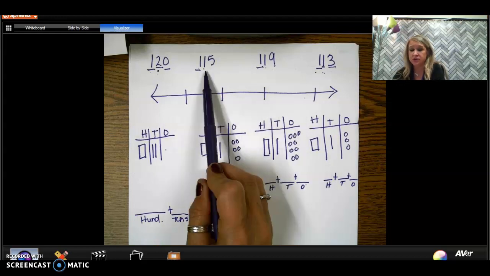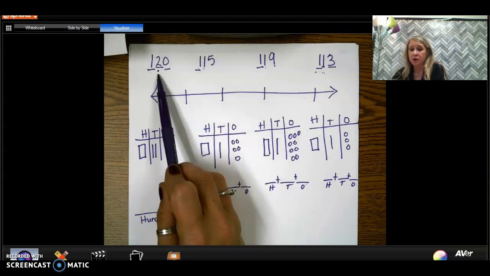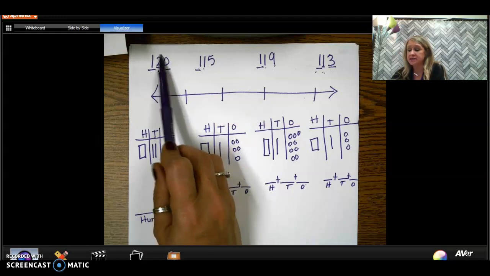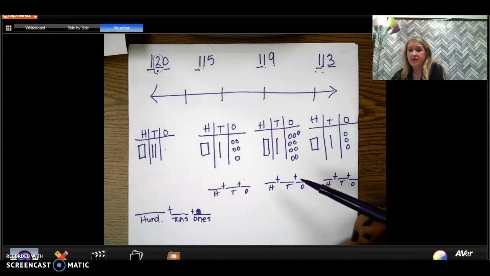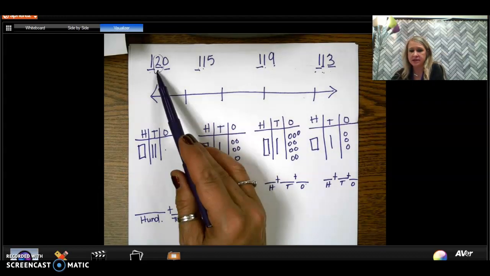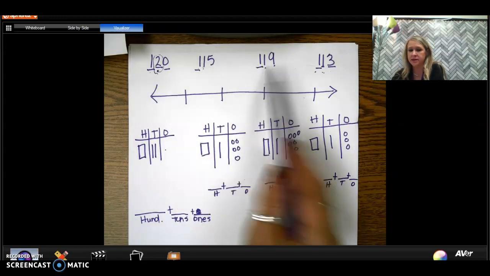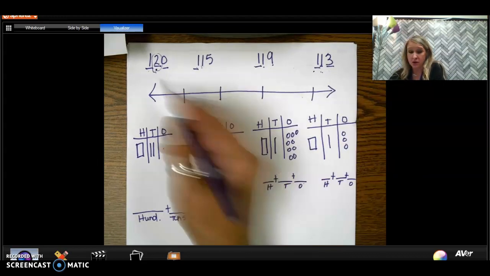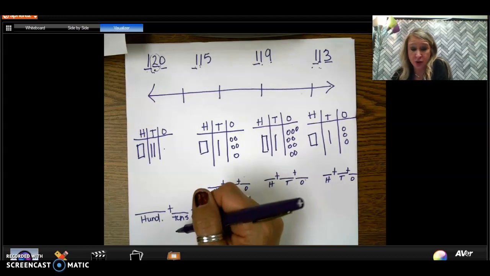So for 3 of these numbers, we're going to have to look at the ones place because the first 2 numbers are the same. But we know that this one has more tens than the rest of the numbers. So this is going to be the greatest number, right? We can tell right off the bat because 2 tens is more than 1 ten. But we're going to go ahead and show it in our expanded form anyway.